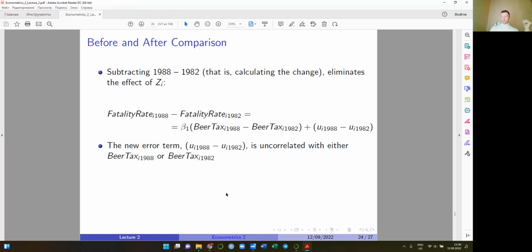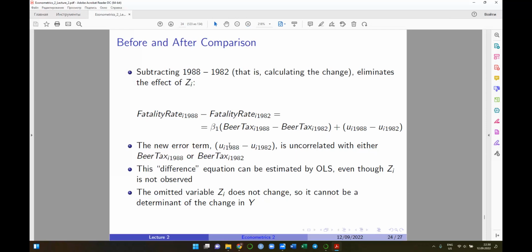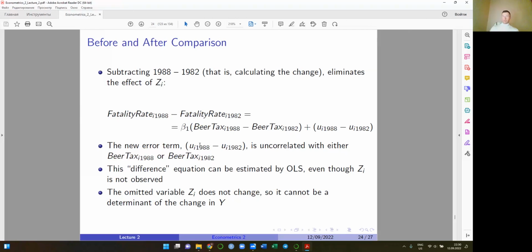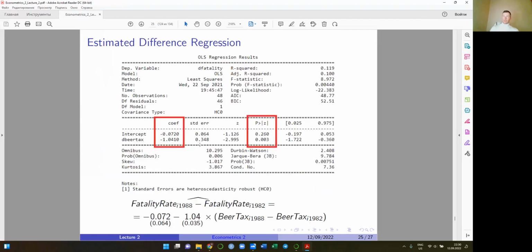It is simple to show. And we have a usual regression without intercept. This difference equation can be estimated by OLS, and now the omitted factor does not influence our regression. So it cannot be a determinant of a change in y.